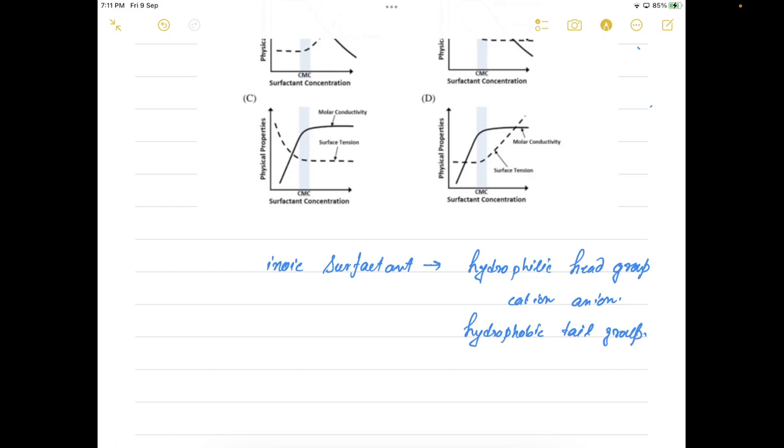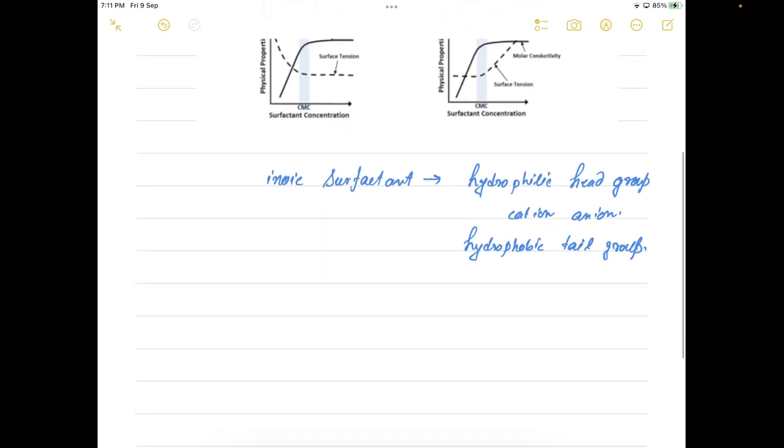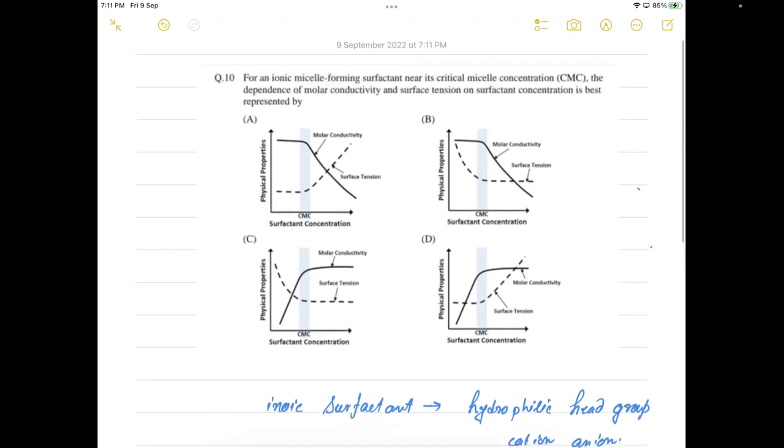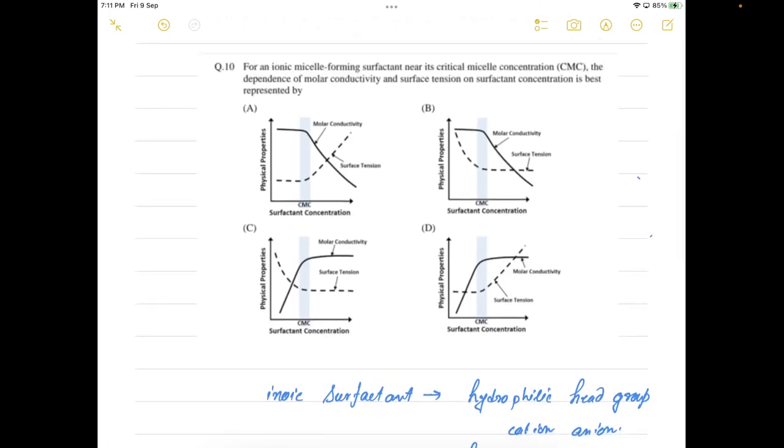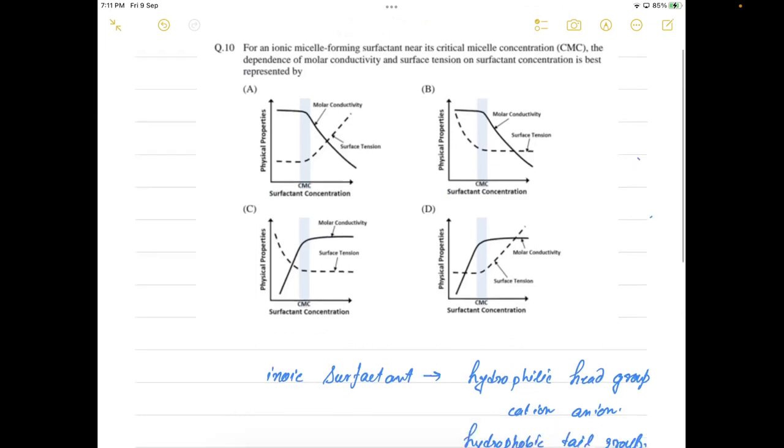So a surfactant is basically a long chain hydrocarbon with a tail group which is hydrophobic in nature, and a head group which is hydrophilic in nature. And the hydrophilic group can have a cation or an anion. So let's first deal with the molar conductivity. What will happen to the molar conductivity as we change the surfactant concentration?